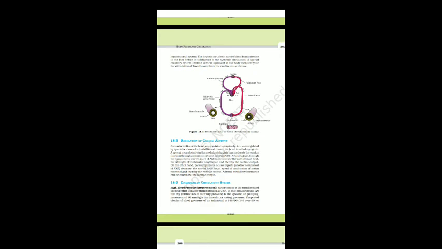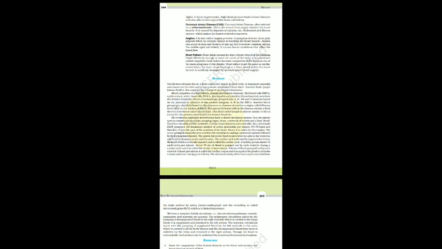If repeated checks of blood pressure of an individual is 140/90 or higher, it shows hypertension.